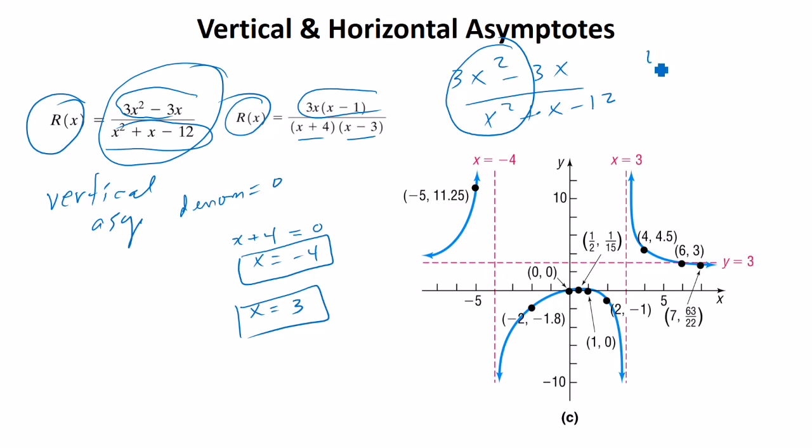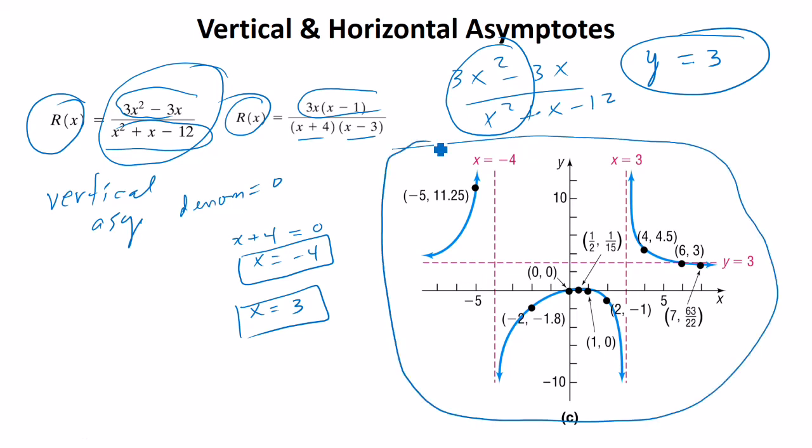So now you write down y equals 3. Don't just put 3, put y equals 3 as the horizontal asymptote. And now you can graph it. You could put this in your calculator and you see the graph of this rational function.